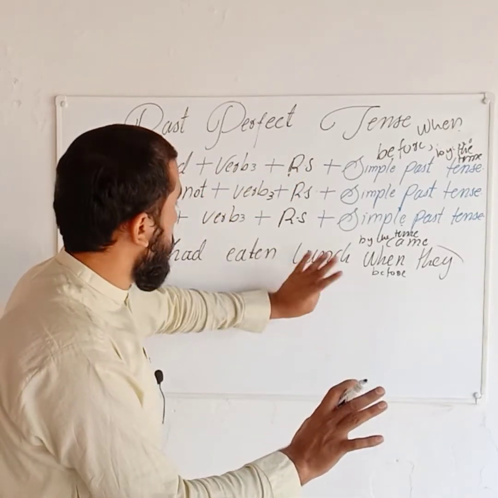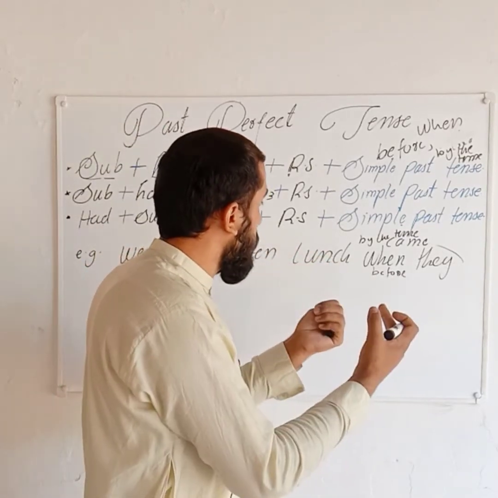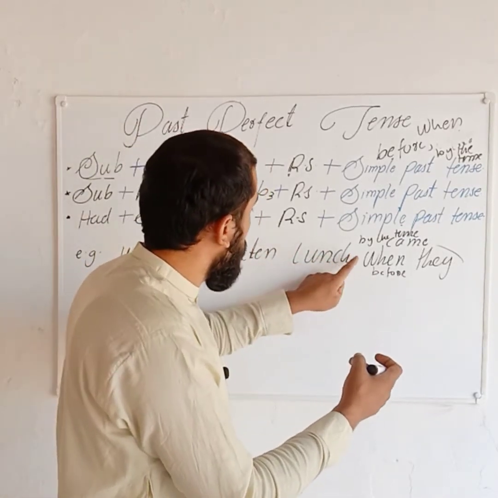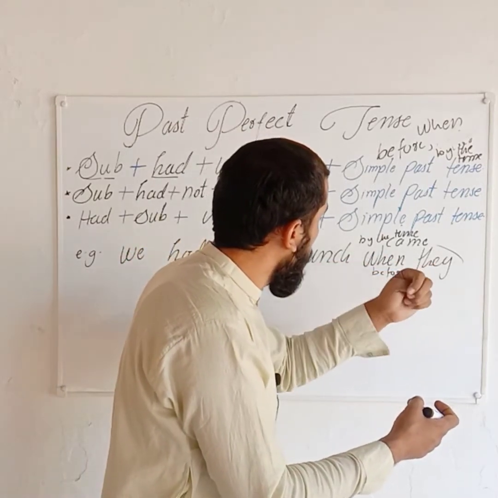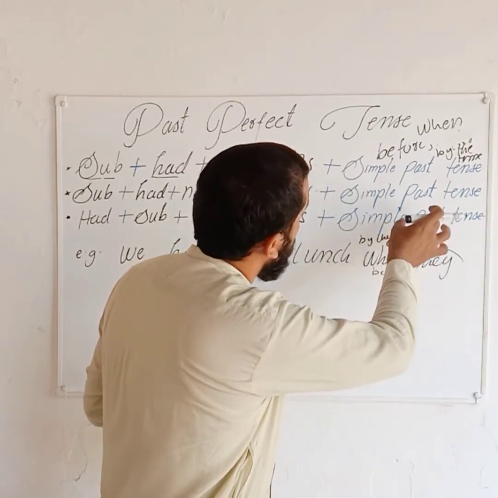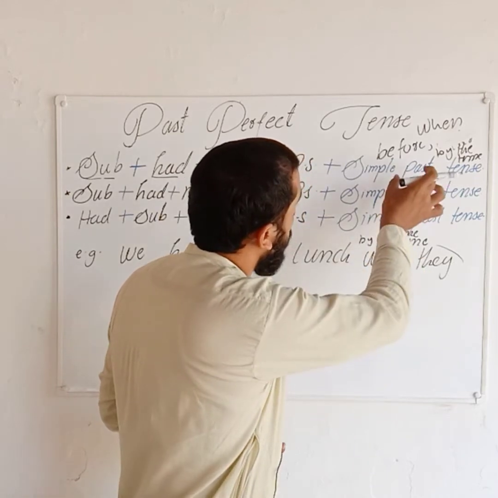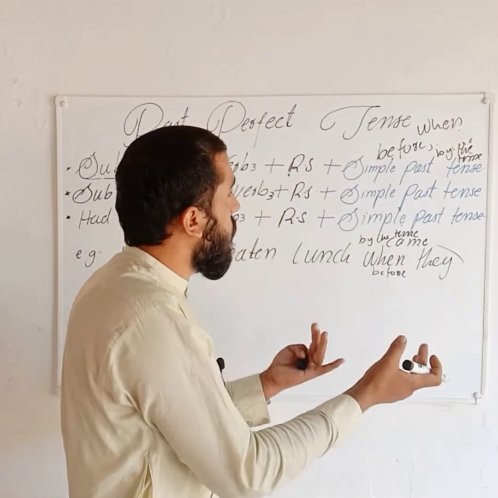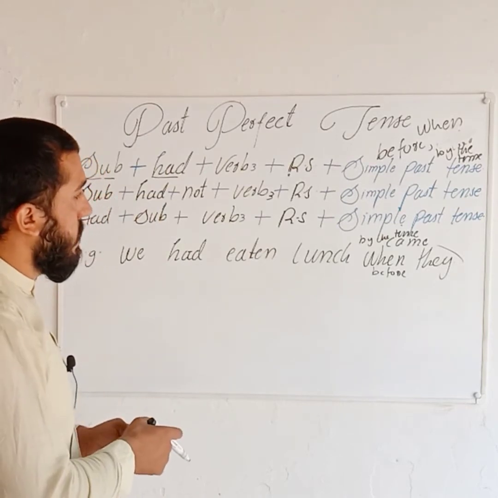And after this tense, we use simple past tense. Subject, second form of verb, rest of the sentence. And as I told you, simple past tense should start with one of these subordinate conjunctions. You can use before, after, by the time, and when.